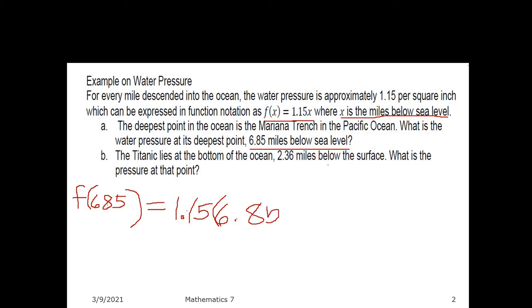We cannot do this mentally unless you are very good in mental math. So you need your calculator.